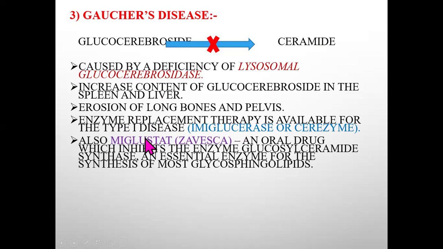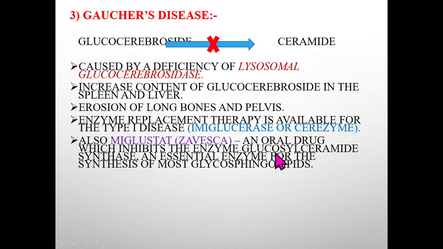It's available for the type 1 disease, which you use what? Imiglucerase or Cerezyme, as this is the enzyme that you use to replace as therapy. So there is also miglustat or Zavesca, okay, which is an oral drug that can inhibit the enzyme glucosylceramide synthase.